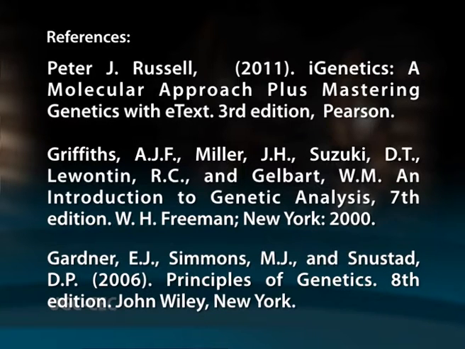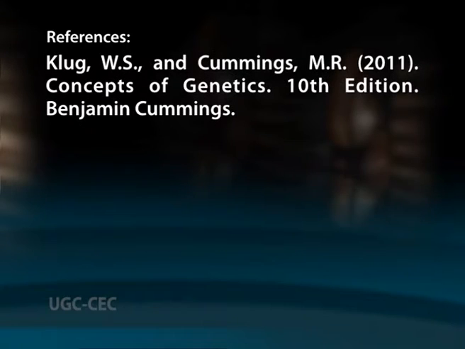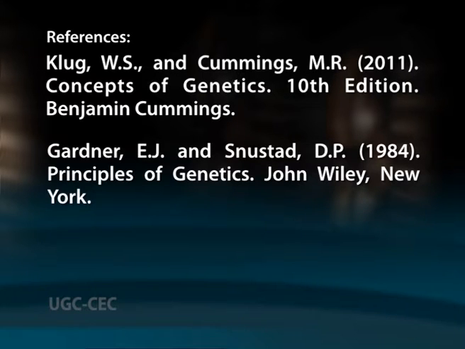A third book is with the title Principles of Genetics, 8th edition, authored by Gardner, Simmons and Snustad in the year 2006 and published by John Wiley, New York. A fourth book is with the title Concepts of Genetics, 10th edition, authored by Klug and Cummings in the year 2011 and published by Benjamin Cummings. A fifth book is with the title Principles of Genetics, authored by Gardner and Snustad in the year 1984, published by John Wiley, New York.